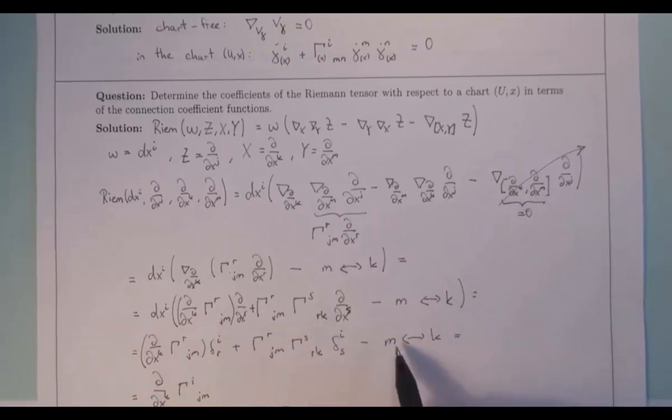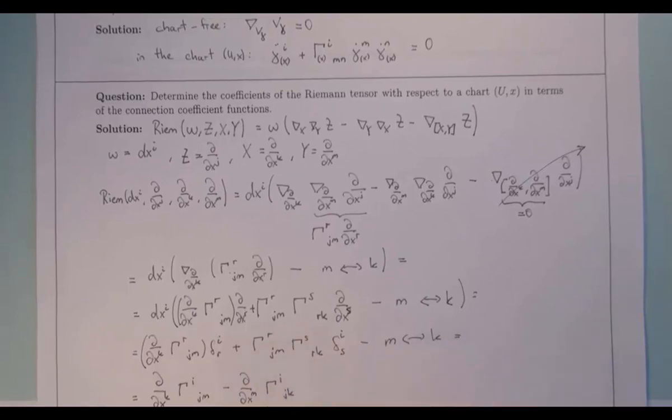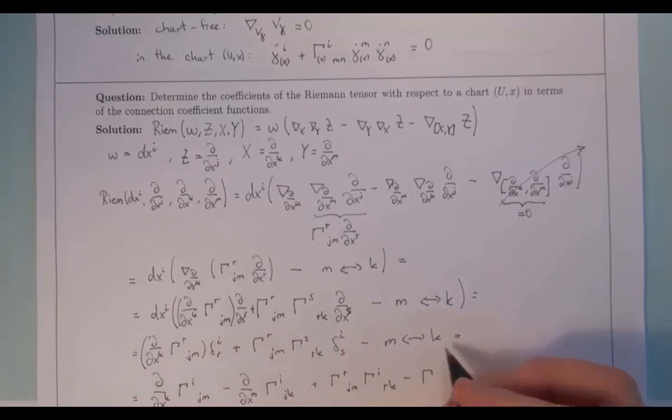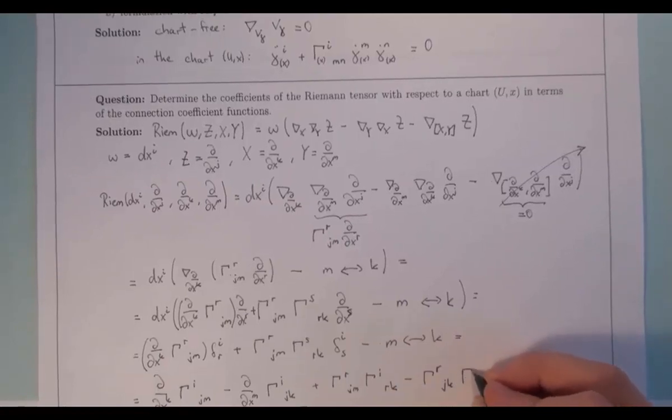From this other part, we get minus del xm on gamma ijk, and this term here produces a gamma rjm gamma irk minus, from this part here, gamma rjk gamma irm.